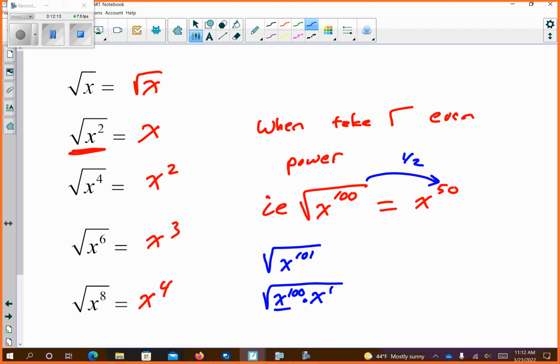So what's the square root of this? X to the 50. And then I have something that's still left behind: x to the first, or could I just put x? I don't have to have it saying x to the first. I could have it x to the first, or I could have it just like this.